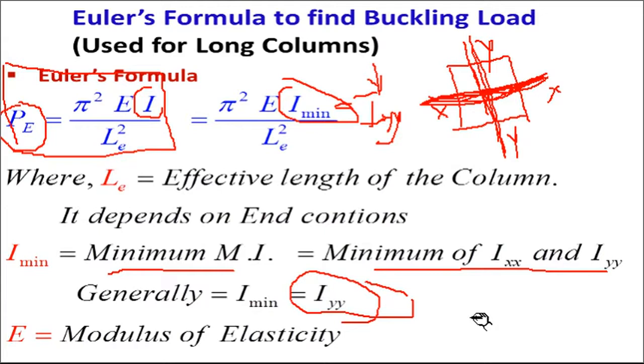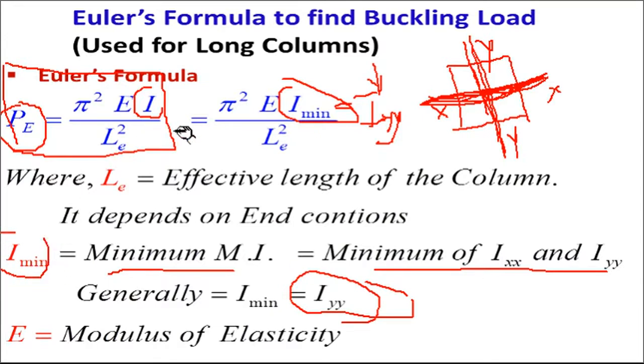For a circular section we know that MI is pi by 64 d raised to 4. For a rectangular section about the x axis it is BD cube by 12, and about the y axis it is DB cube by 12. Initially you have to calculate the moment of inertia for both the axes, and then that value should be used here. The minimum of Ixx and Iyy will be I minimum.